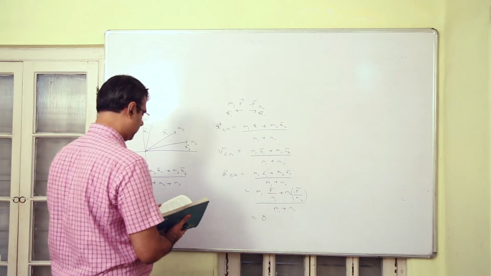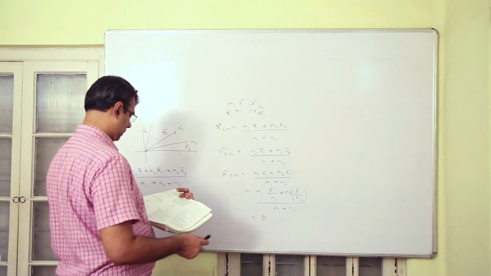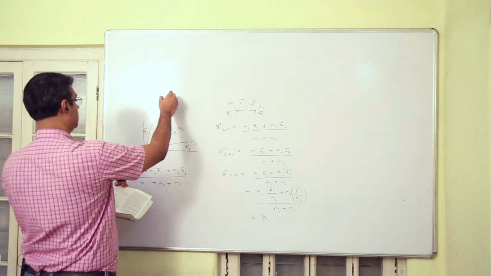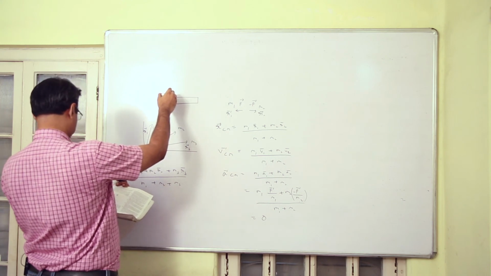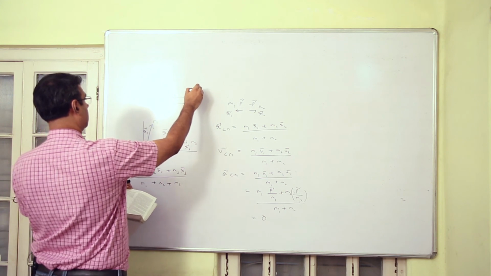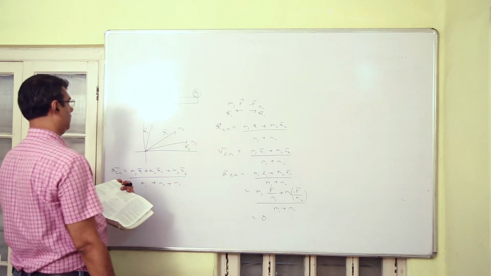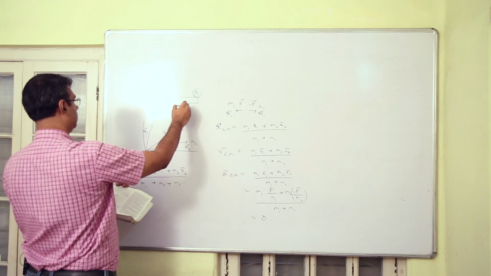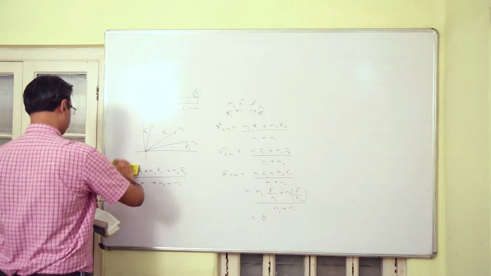Now it may seem like a very simple concept, but it has tremendous usage. Like what it means is that suppose there are two bodies, one of them the mass is small m and the other one mass is capital M, and they both are coming towards each other and the distance between them is, let us say, L. Suppose L is the distance between them.